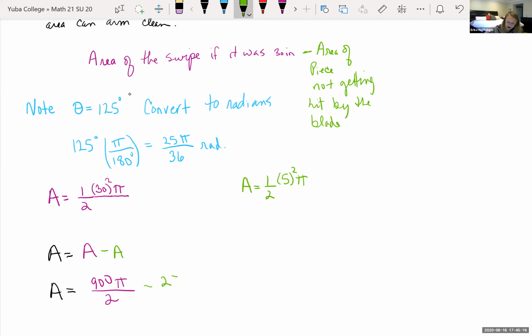So 25 pi all over 2. And since I kept it like that and I didn't reduce that first fraction, I now have a common denominator, so I don't have to worry about getting a common denominator. And I can think of those pi's kind of like terms. And so 900 pi minus 25 pi is equal to 875 pi all over 2. And we're in terms of inches squared.